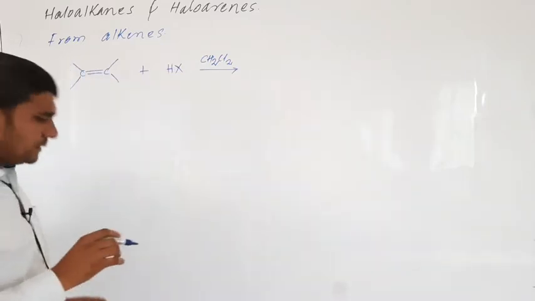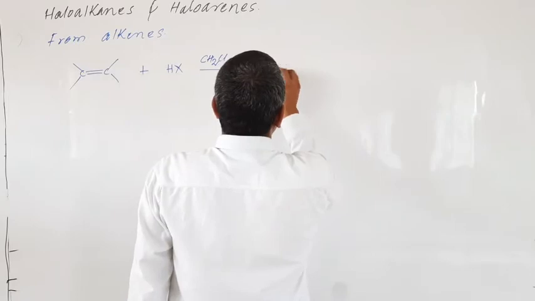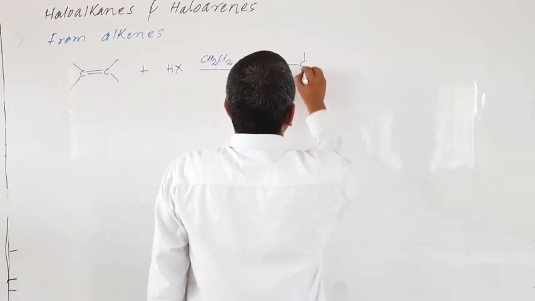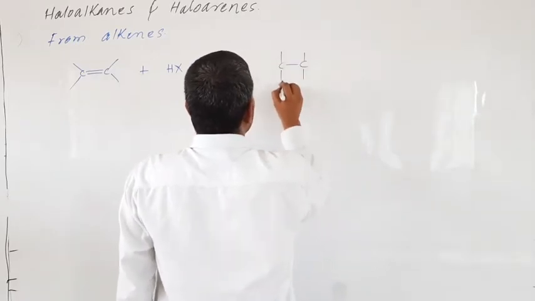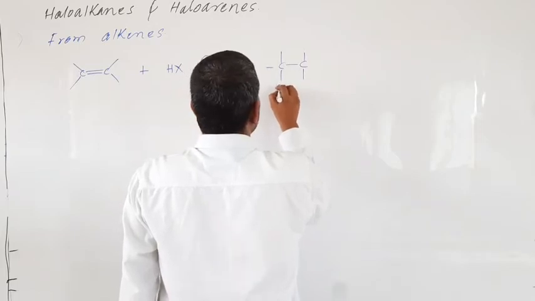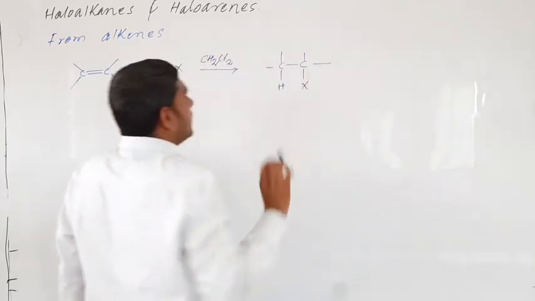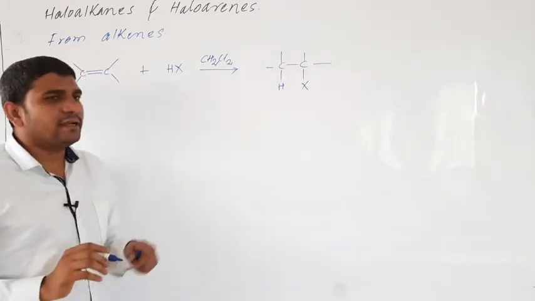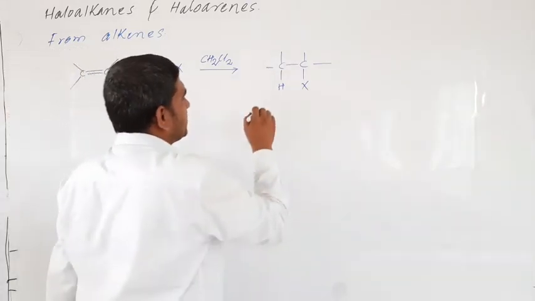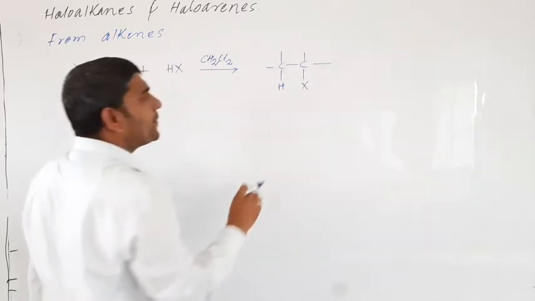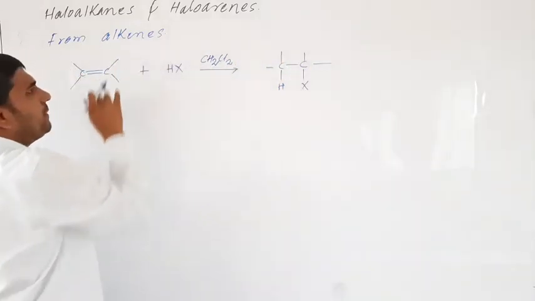What is the product? You know already, this you studied in first year itself. Monohaloalkane is the product. This is one of the methods of preparation of monohaloalkanes from alkenes.